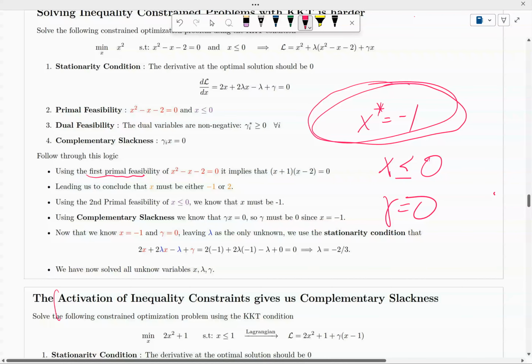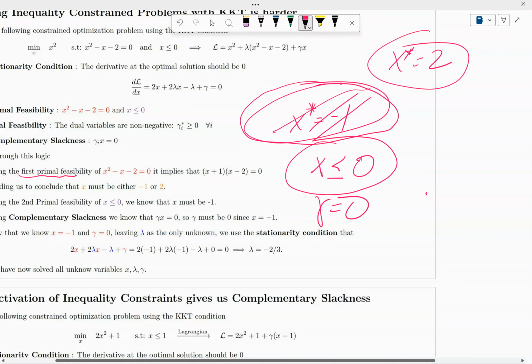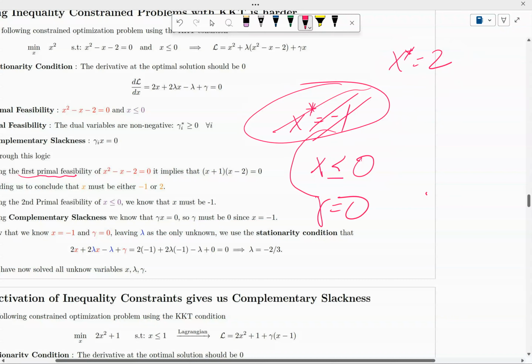So activation is when the solution, let's say x star, happens to be equal to 2. Let's say -1 wasn't an option and it has to be equal to 2. Well, if x star happens to equal 2, but x has to be less than or equal to 0, then this is activated to constrain this. Whenever an inequality constraint is activated, it pushes the solution to the boundary.